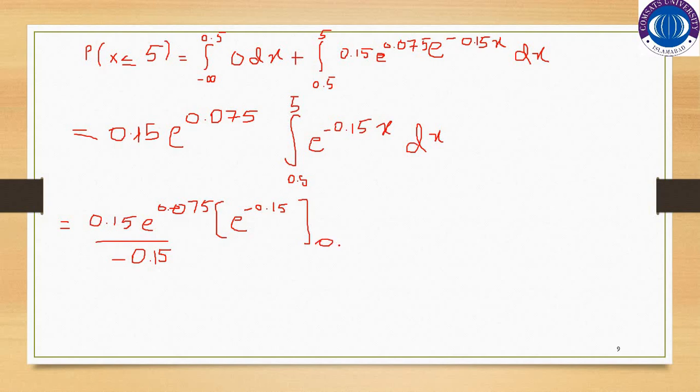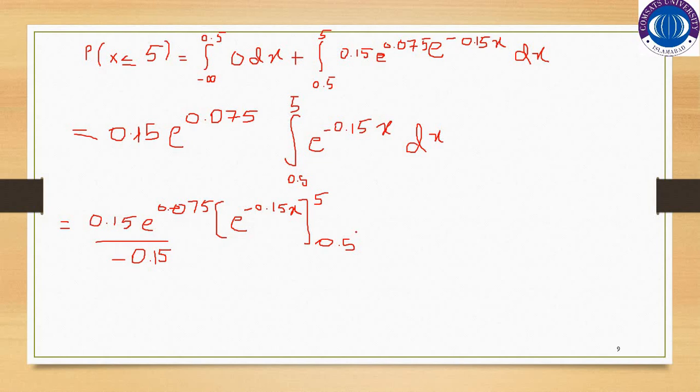From 0.5 to 5. This is the way to integrate this. Now we will simply substitute the values of the random variable x, 5 and 0.5. First we will put the maximum limit and then we will put the minimum limit.